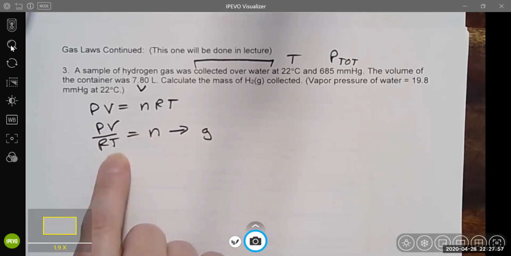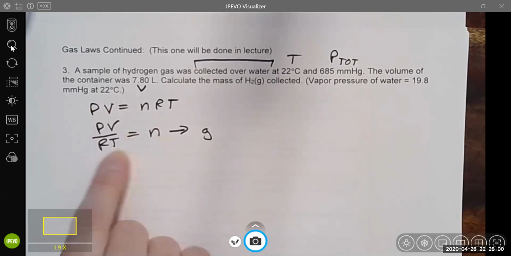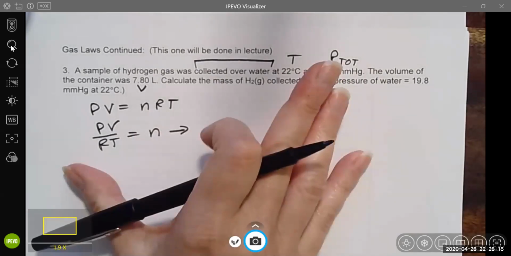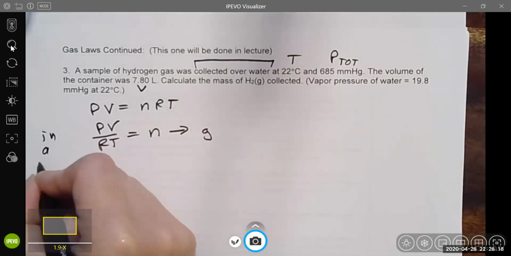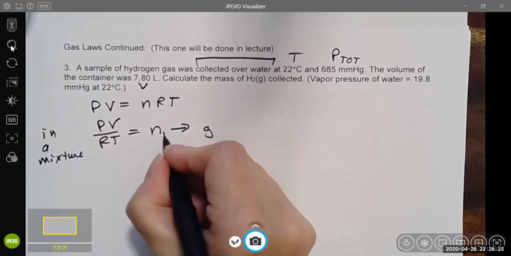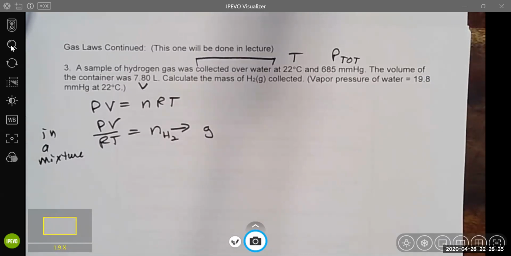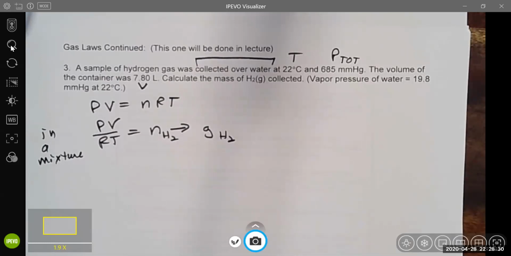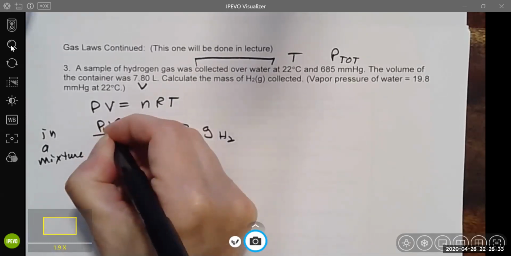There is a difference though here, and that is in this regular PV equals nRT, we're not worried about a gas mixture. We're not worried about Dalton's law of partial pressure. So we're going to have to change this a little bit. If I'm in a mixture, which I am, the moles of hydrogen I'm trying to calculate, because I want grams of hydrogen, I have to use the pressure of hydrogen in there.